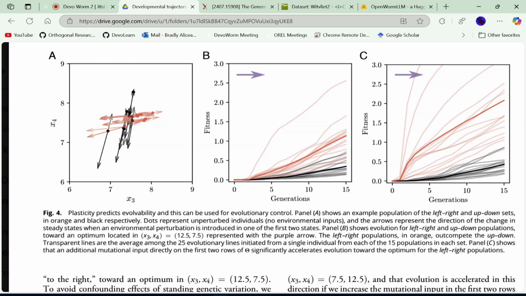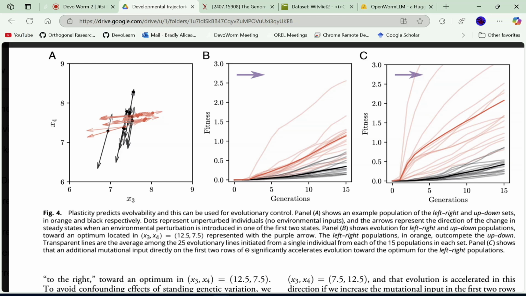Panel B in the middle shows the evolution for left, right, and up-down populations towards an optimum located at x3, x4, 12.5 and 7.5, represented with the purple arrow. So that's up here. The left-right populations in orange outcompete the up-down.